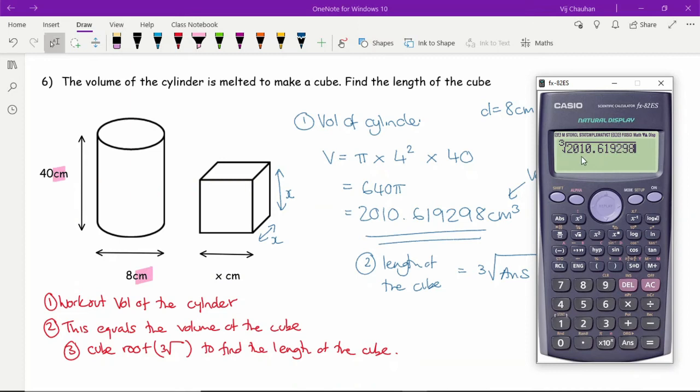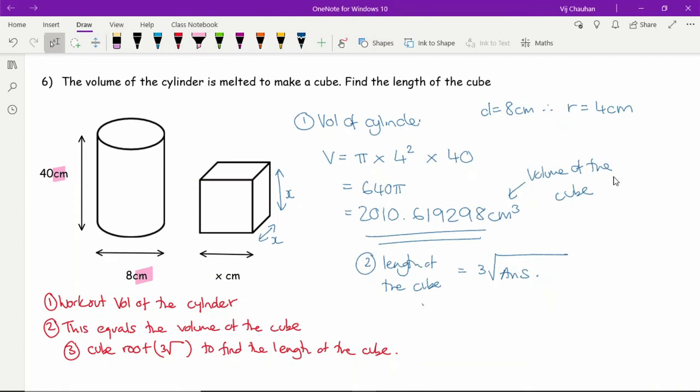Now rather than entering that long number, what I could have easily done is just entered 640 pi. And if I press equals, it tells me that the length of the cube is going to be 12.62.